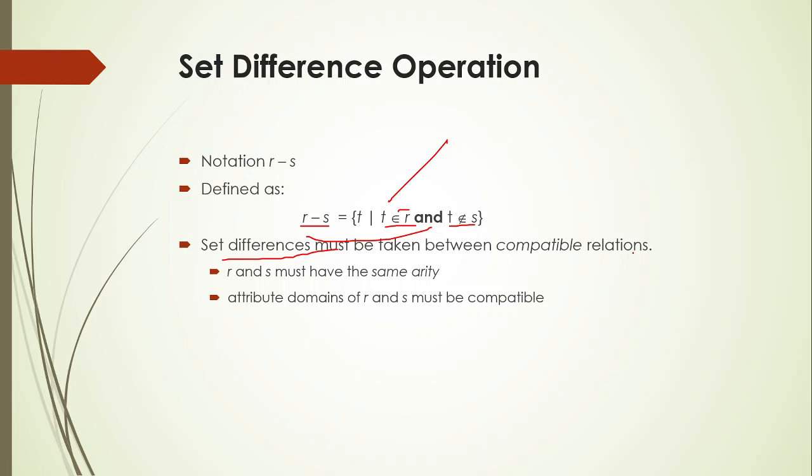Compatible relations means they have the same number of columns or attributes. Also the attribute domains of R and S must be compatible, that is, have the same domains.